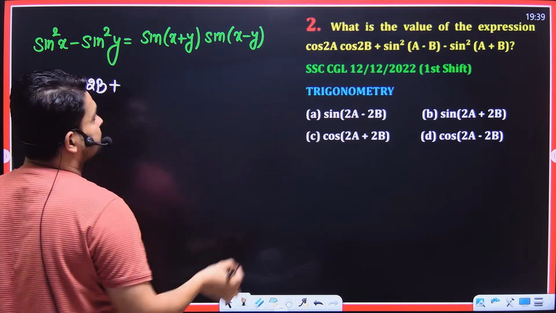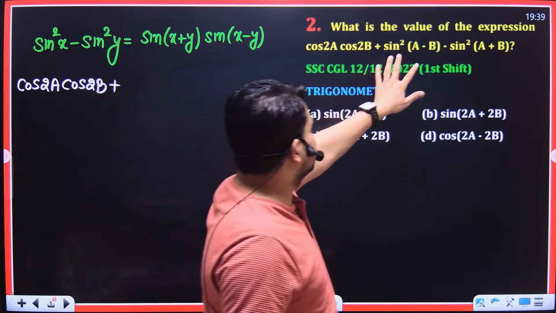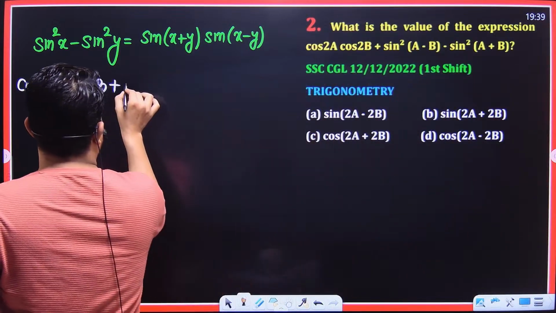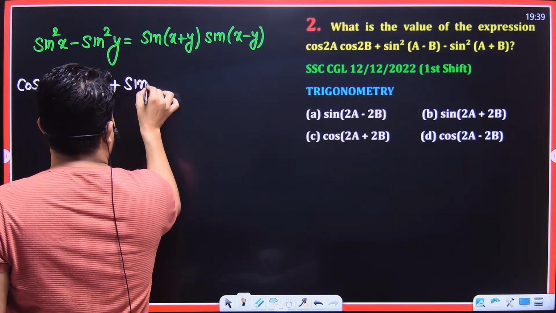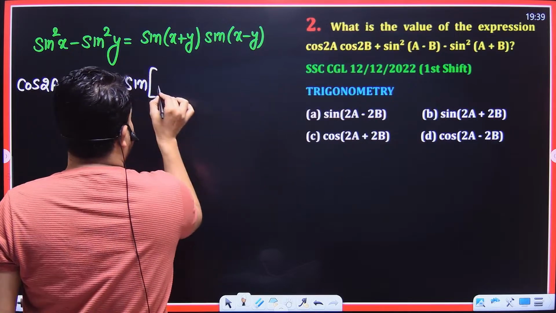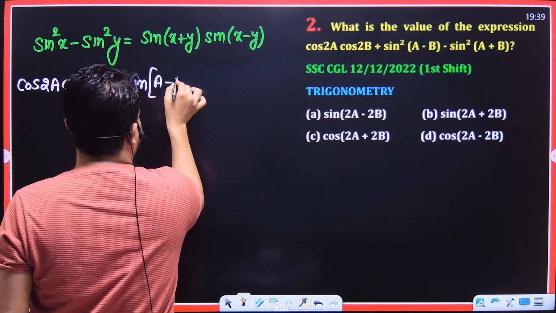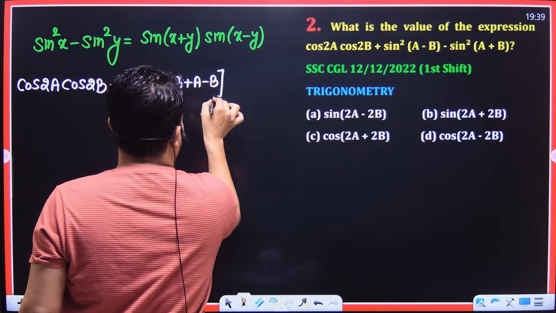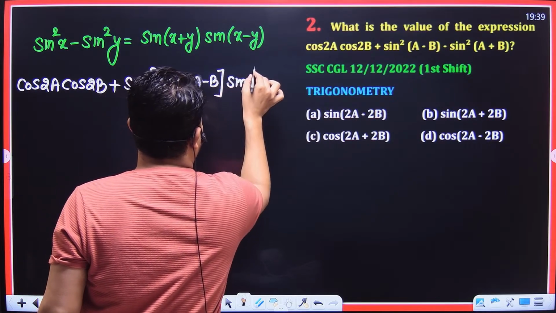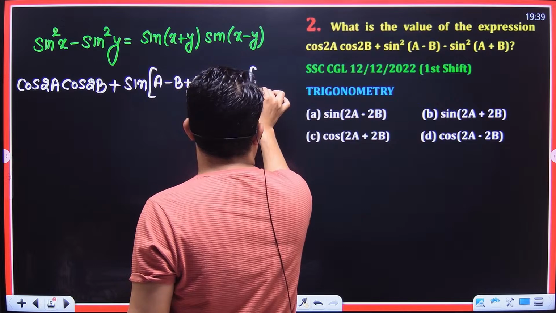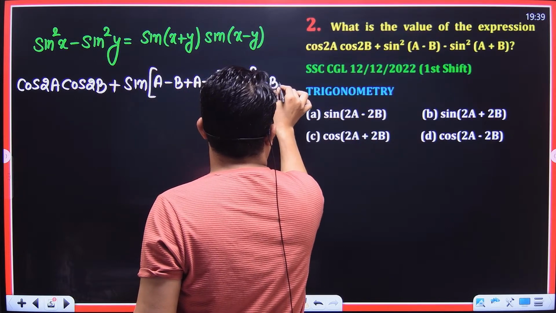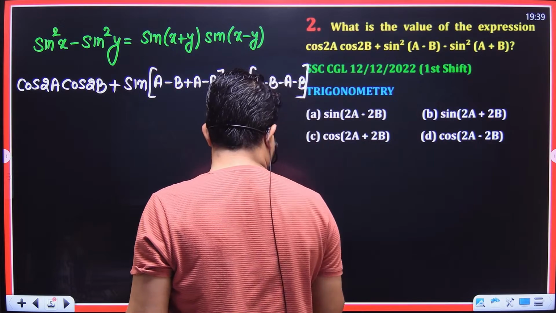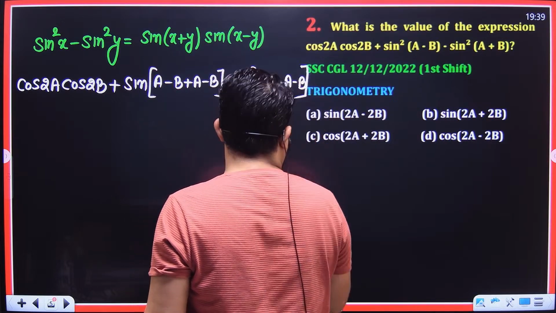We have sin square (a minus b), this is my x, and this one is my y. So we have sin(x plus y), the sine of the angle (a minus b) plus (a minus b). Again, we have the sine of (a minus b) minus (a minus b). So this is my formula.